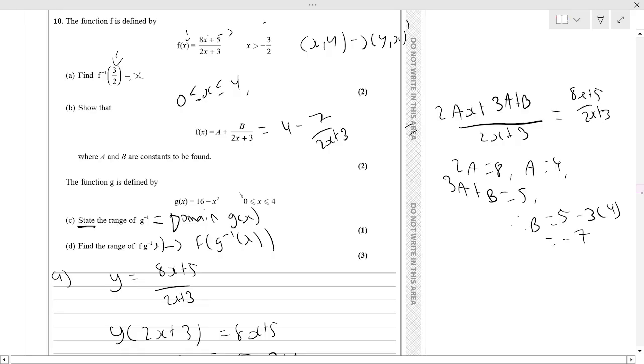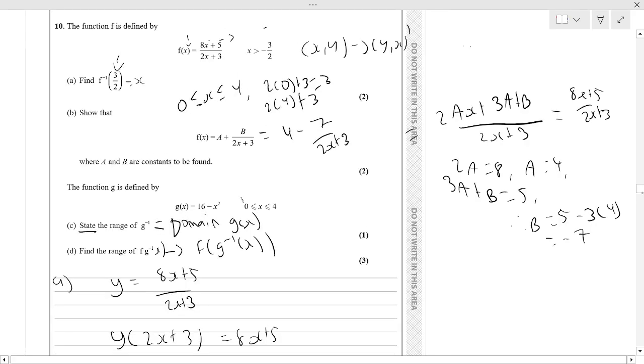This denominator will keep getting bigger. If I plug 0 in, you're going to get 3, because obviously 2 of 0 plus 3 is 3. And then if I plug in 4, 2 of 4 plus 3 would be 11, right?